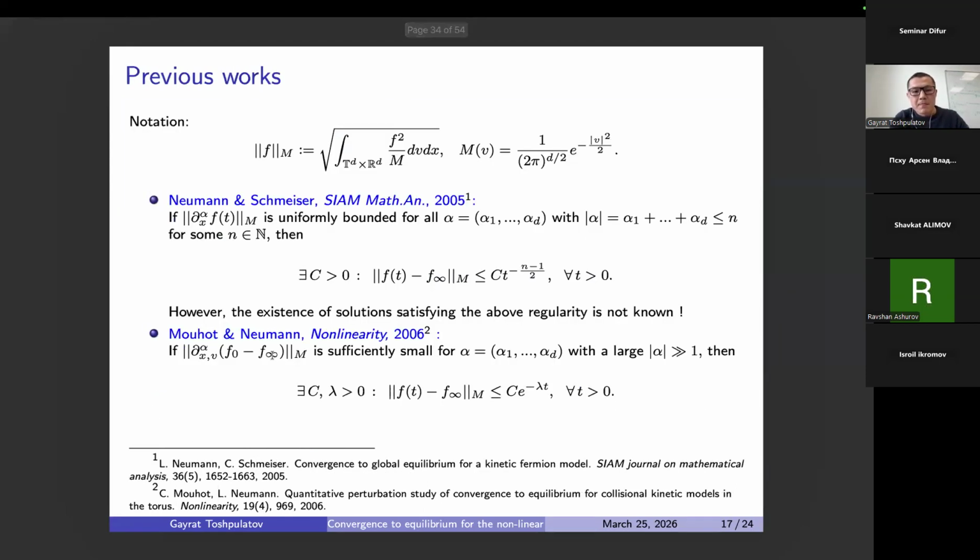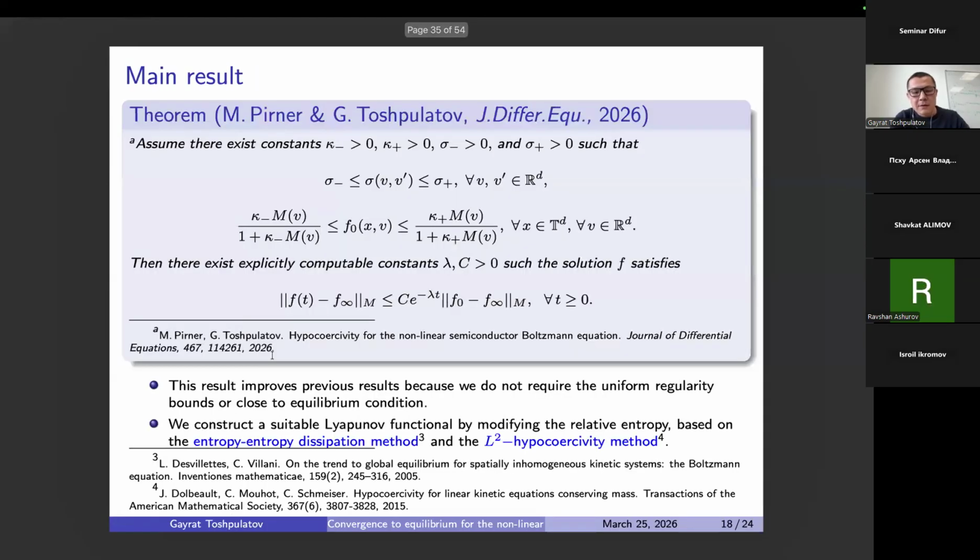So we somehow removed these assumptions. There is no assumption about the derivatives. F0 minus F infinity can have any value there.